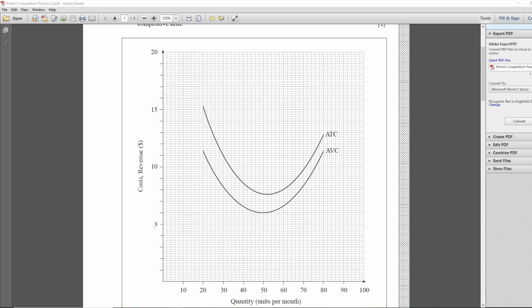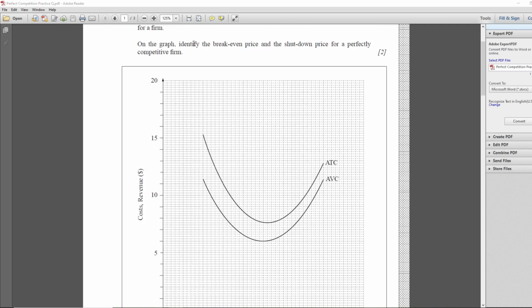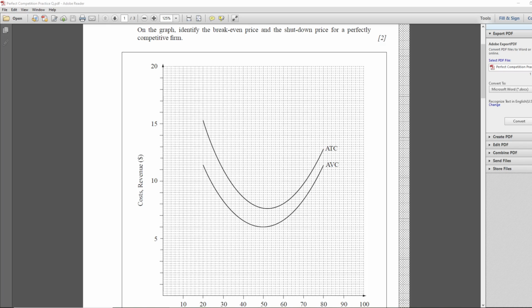So there are so many ways that you can get this mark here. One of them will be if you just draw a line beneath the minimum level of ATC, then you will get the point, because the question is just asking you to identify where that break-even price is. Or you can just simply write the number. So let's take a look at this. 7.3 or 7.6. So here, let's make it bigger.